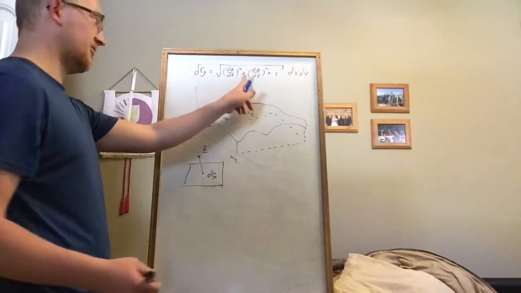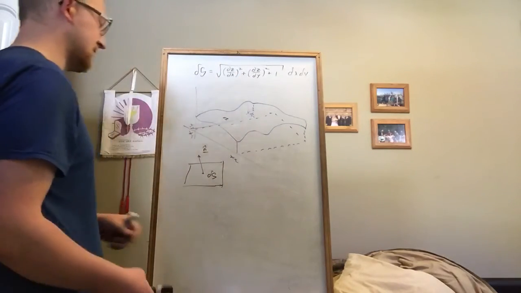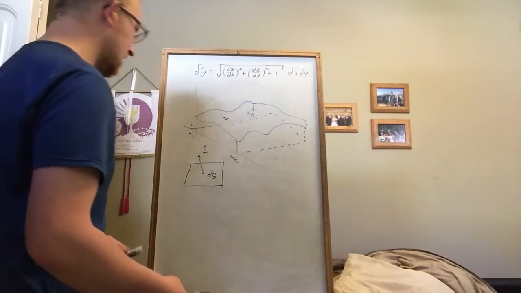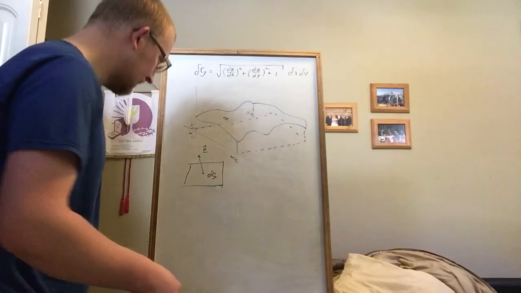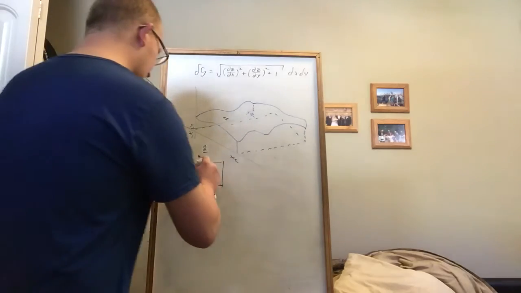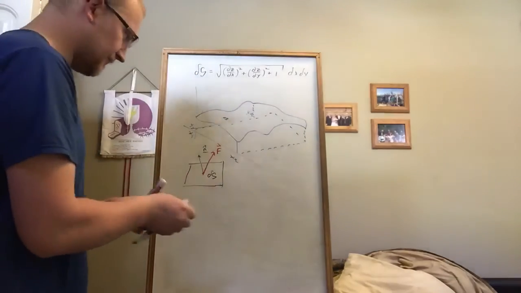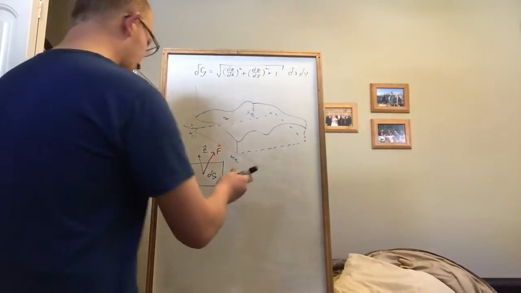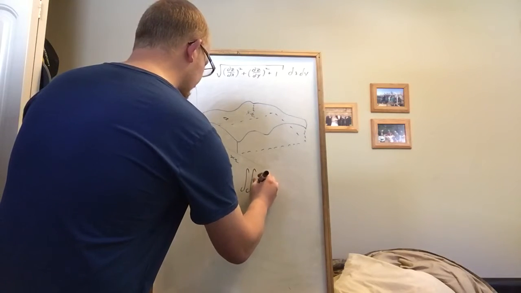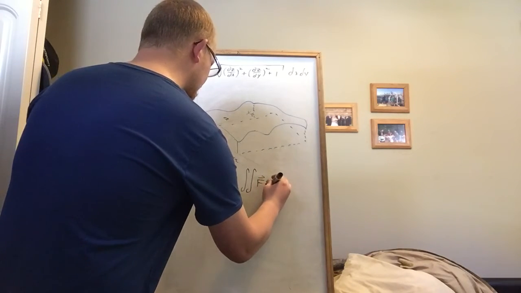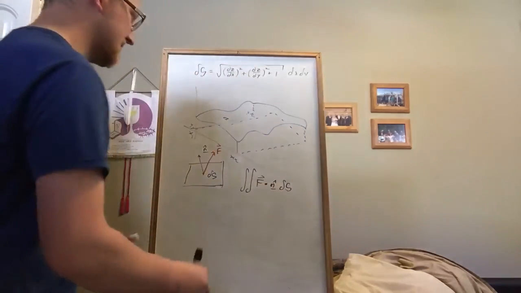And remember, ds, before we took the magnitude of it, points in the direction of the normal. So if we want to find the flux caused by some field F at that point, we take the dot product, so we integrate. It's the double integral of the field dotted with the normal vector times ds.